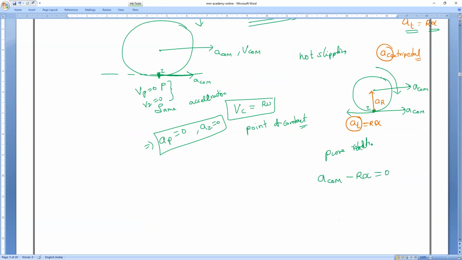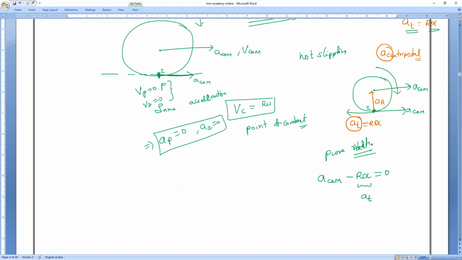In pure rolling, at the contact point it is not always 0, and that is not always true. Observe very carefully: for pure rotation, the acceleration of the center of mass minus R alpha, the tangential acceleration, equals 0.